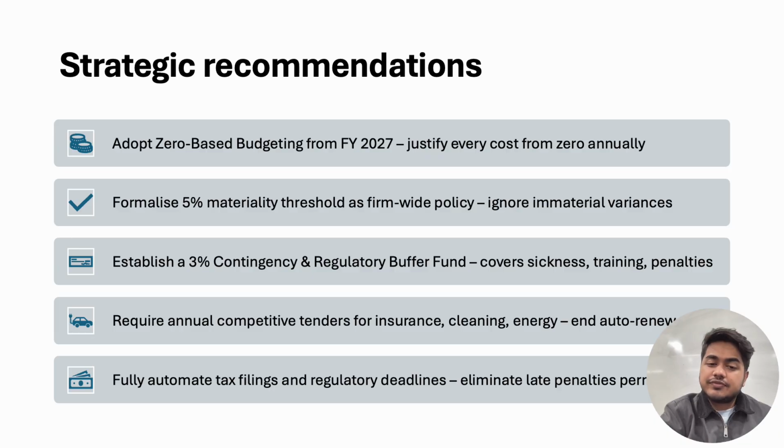Complementing this, the formalization of a 5% materiality threshold acts as a crucial filter, focusing management's time and resources exclusively on investigating significant financial deviations while ignoring minor, immaterial fluctuations, ensuring that collective actions are impactful and efficient.